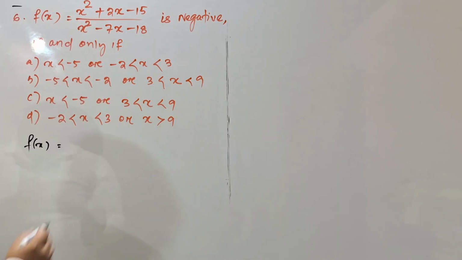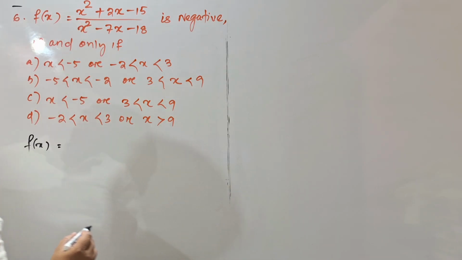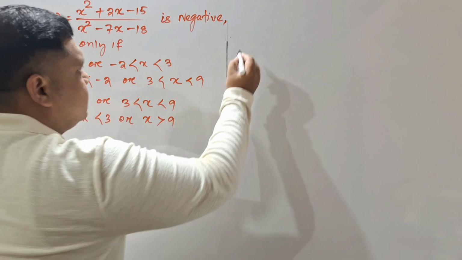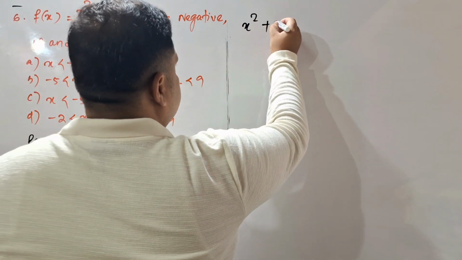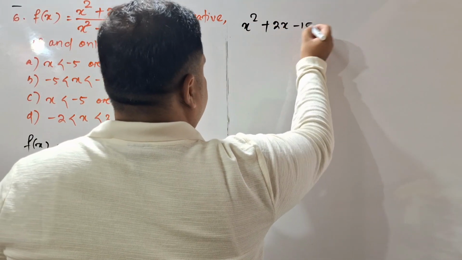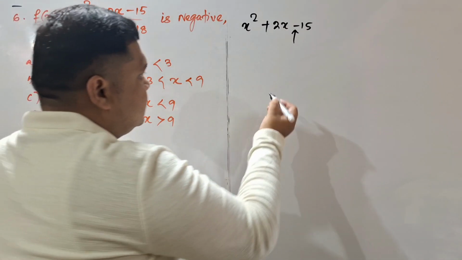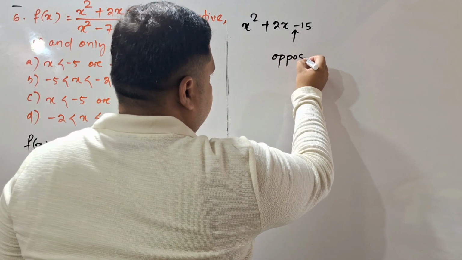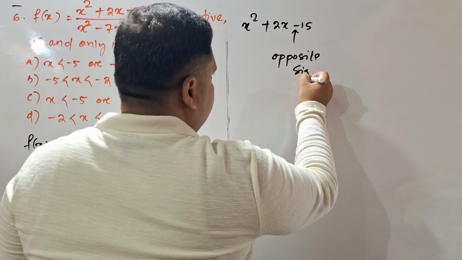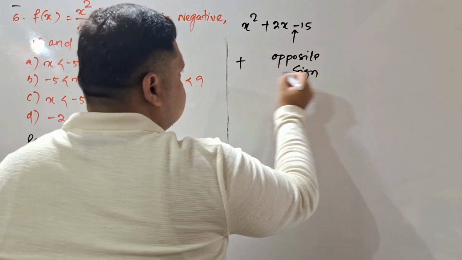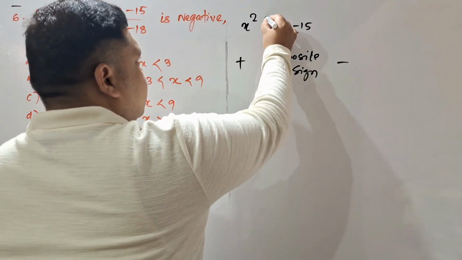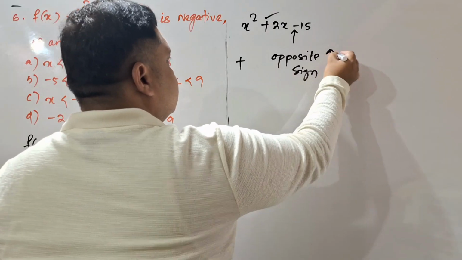So the first equation given is x square plus 2x minus 15. This is negative. This negative indicates the roots have opposite sign. You will get 2 roots of opposite sign, meaning one plus, one minus. And this plus indicates the negative magnitude is more.